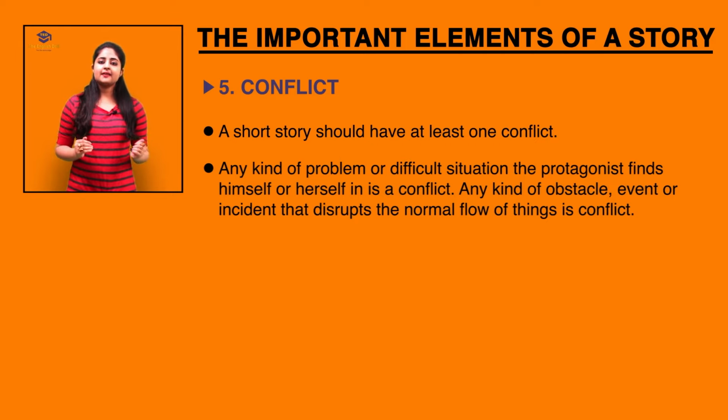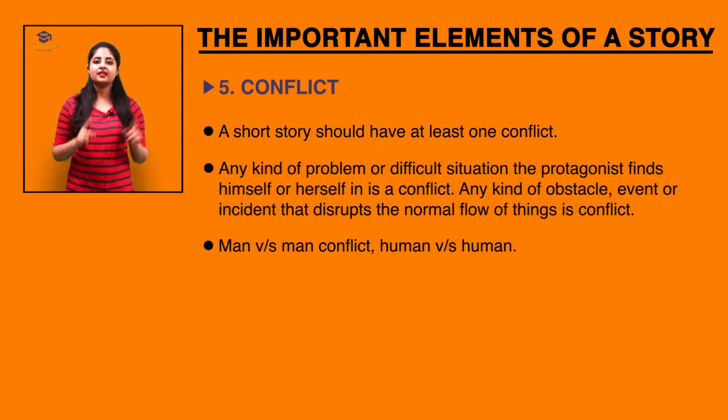Now, conflict can be of various different types, and you can incorporate these different types of conflicts in your stories based on what kind of a story you are writing. If you're writing a very realistic story, you can represent a man versus man conflict, a human versus human conflict, a conflict between the protagonist and the antagonist whose goals clash with one another, and that is the source of the conflict.